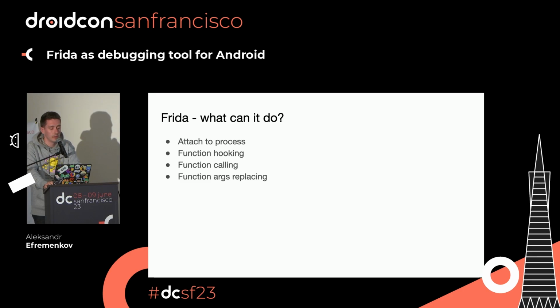It could replace your arguments on the fly if you want to, to put some experimental value instead of the real one that is passed to your method or even constructor or something like this. It also could make some memory modifications. It's one of the hard things that you could do, but yeah, it's possible.